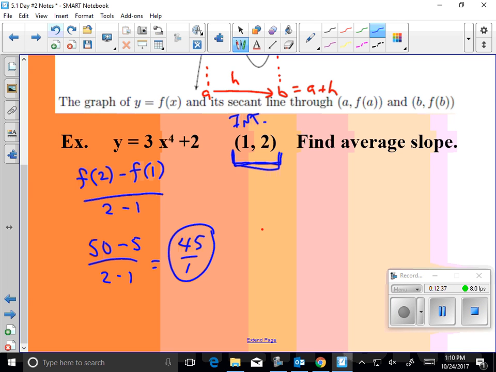So the average rate of change, or the slope between those 2 endpoints of that interval, should be 45. This is just a different way of saying find the slope between 2 comma 50 and 1 comma 5. Well, the slope's going to be 45. Done.